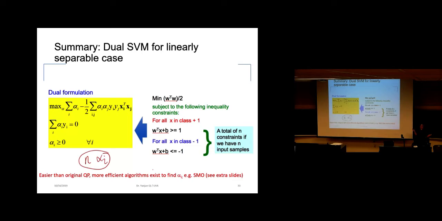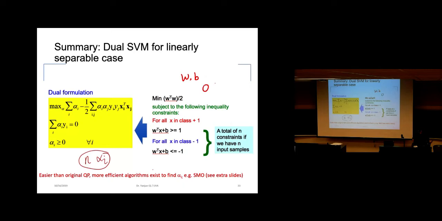So now let's recap. This is what our hard SVM looks like in the primal space, and this is what our SVM looks like in the dual space. Here you have W and B, and you have N constraints. Here you look for N different parameters. So what's the size of W and B?